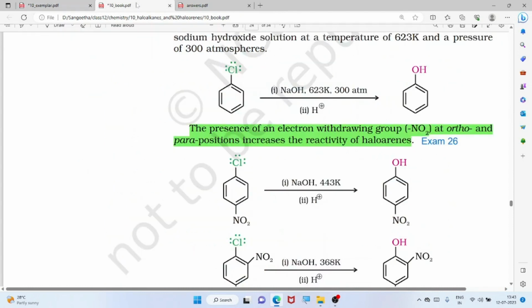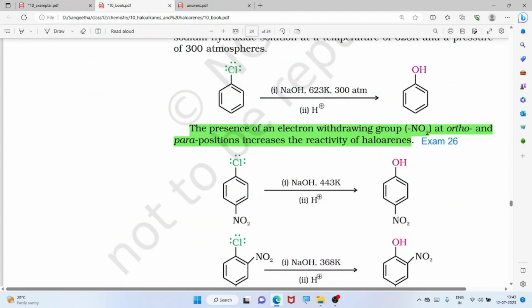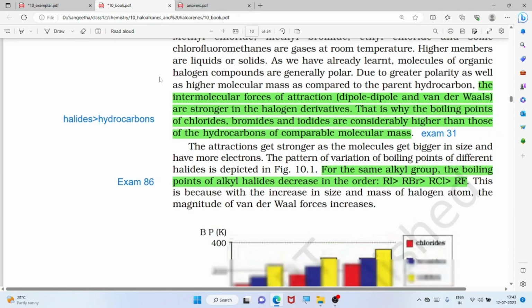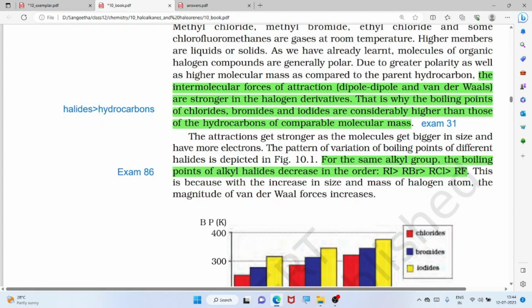Intermolecular forces are stronger in the halogen derivatives. That is why the boiling points of chlorides, bromides and iodides are considerably higher than those of the hydrocarbons. Halides have more boiling point than hydrocarbons. Within the halides, iodine has the highest.